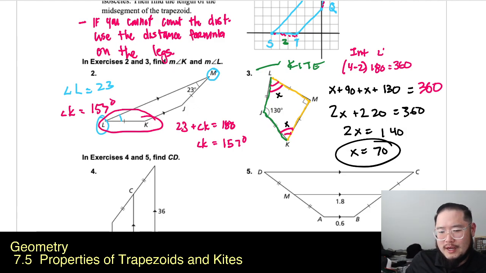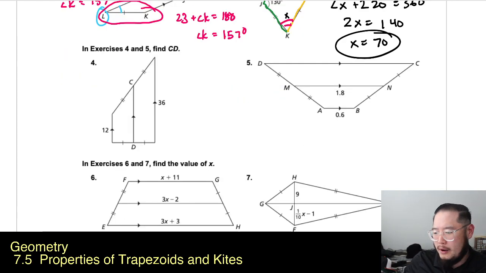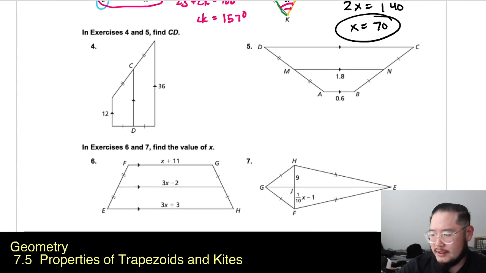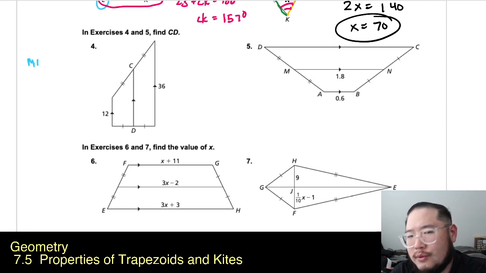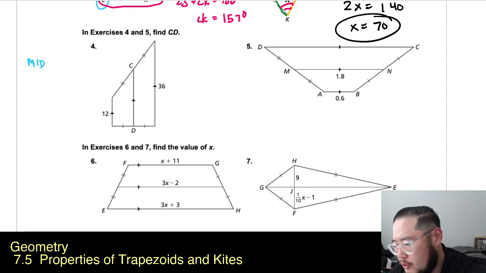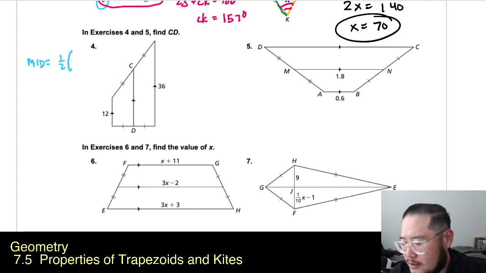Let's go ahead and move on next up to number 4. We find CD. Okay, so this is where we're going to get to that mid segment. So the mid segment right here is equal to 1/2 times base 1 plus base 2. We're trying to find CD, which happens to be your mid segment. So let's put CD in the space where it says mid.